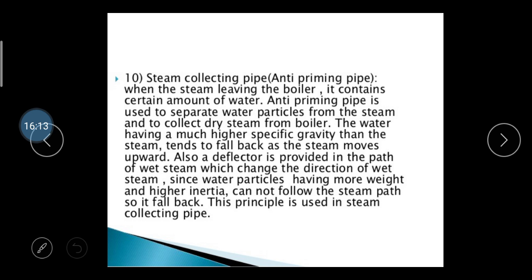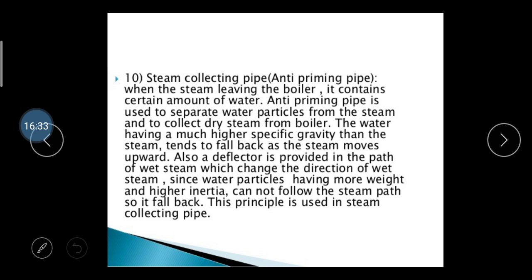Also, a deflector is provided in the path of the wet steam to change its direction. Since the water particles are heavier and have higher inertia, they cannot follow the steam path, so they fall back, and this principle is used in the steam collecting pipe.